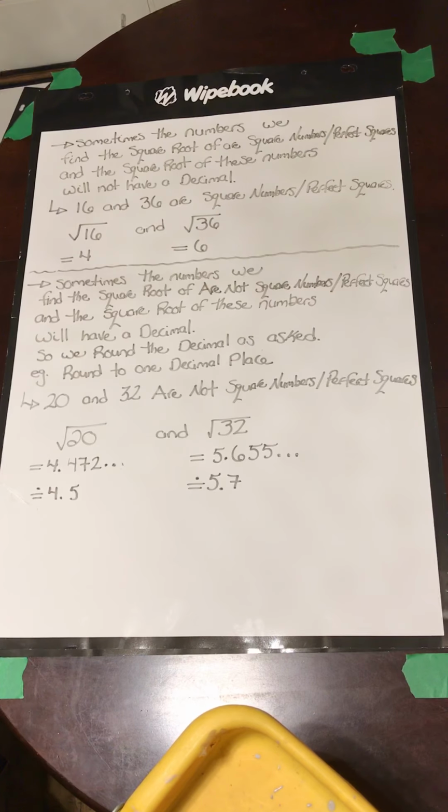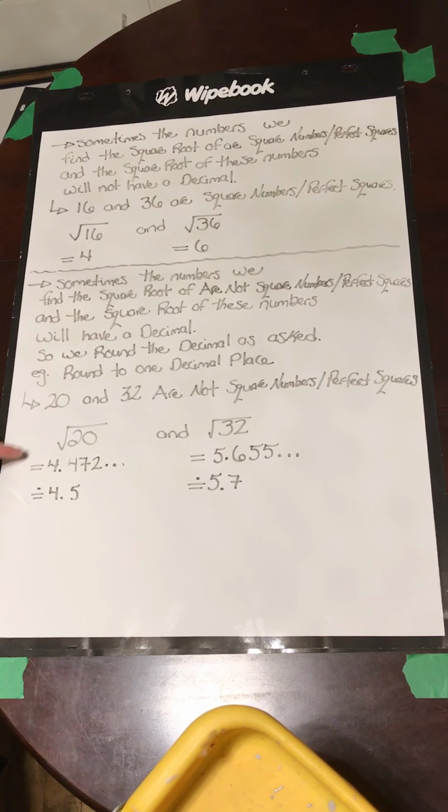Sometimes the numbers we find the square root of are not square numbers or perfect squares, and the square root of these numbers will have a decimal. So we round the decimal as asked. For example, we're going to round to 1 decimal place. 20 and 32 are not square numbers or perfect squares. So when I take the square root of 20, I get 4.472.